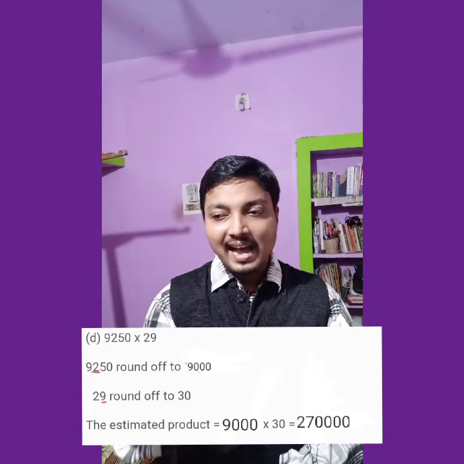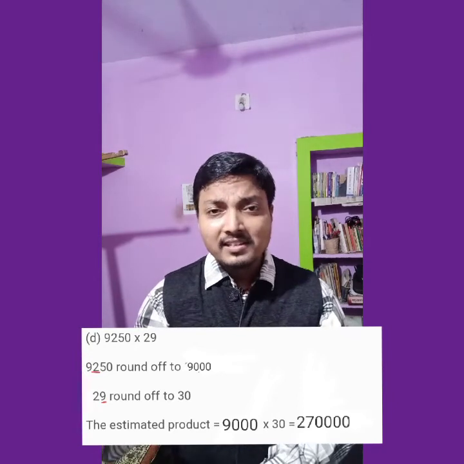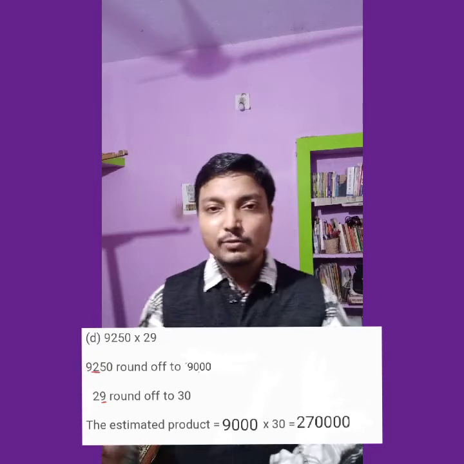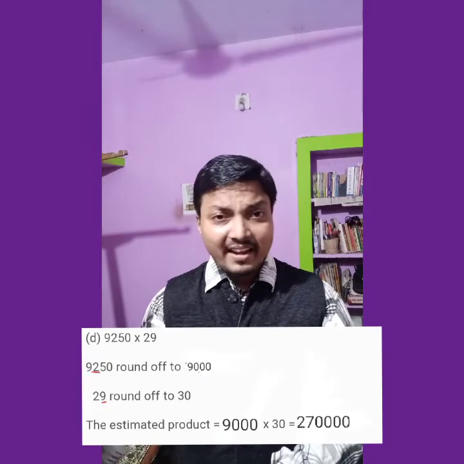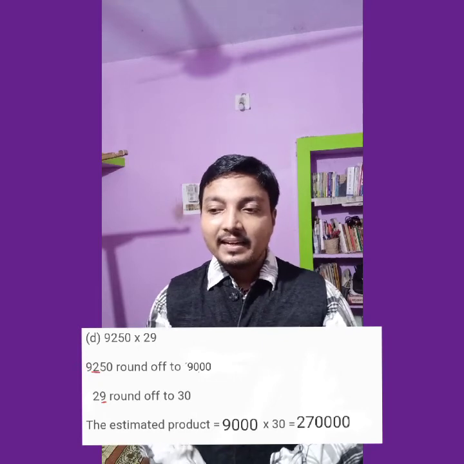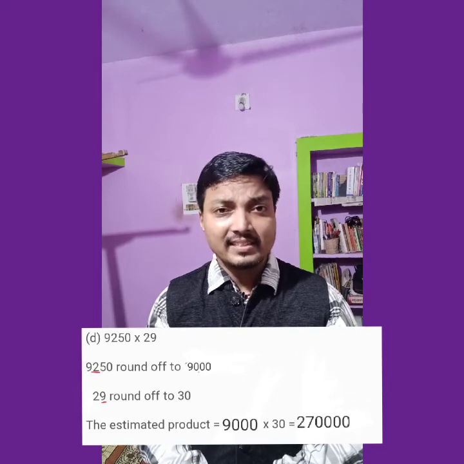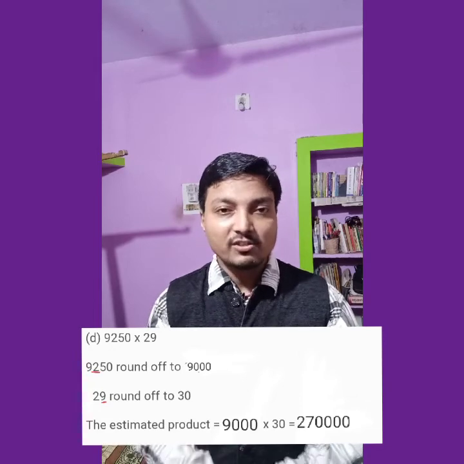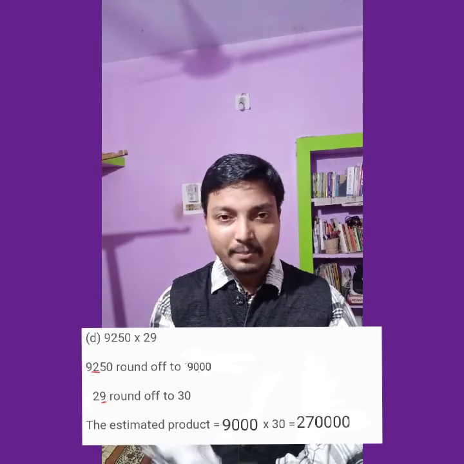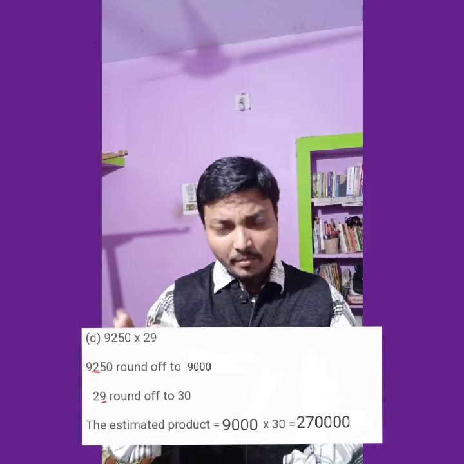So as the first is a 4-digit number, we need to find the nearest 1000, and for the second, a 2-digit number, we need to find the nearest 10. In the first number, nearest 1000 means we need to check the hundreds place. The hundreds place digit is 2, which is less than 5.